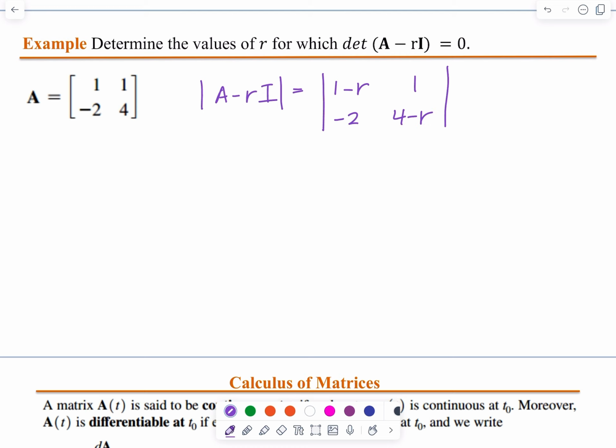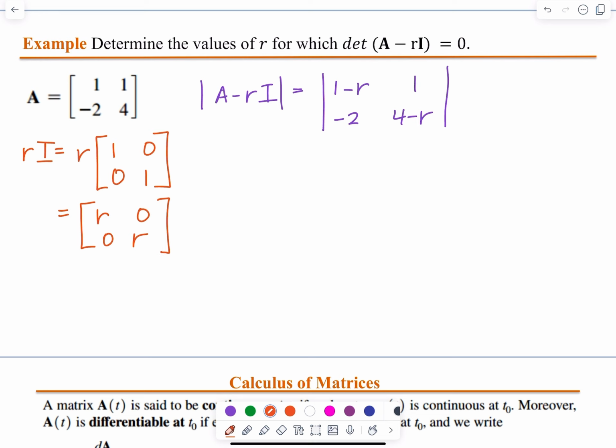Maybe I should go ahead and put what rI is here. So that would be r multiplied by our identity matrix, and that's going to be r, 0, 0, r. So when we subtract that from A, that's where we come up with this.